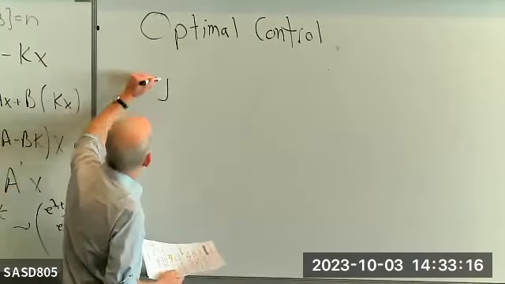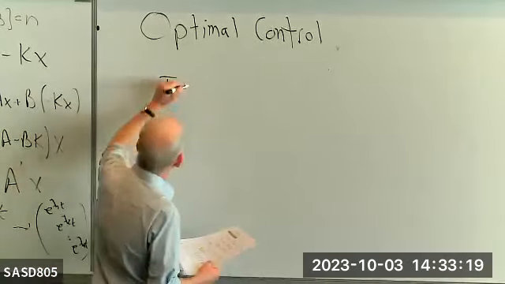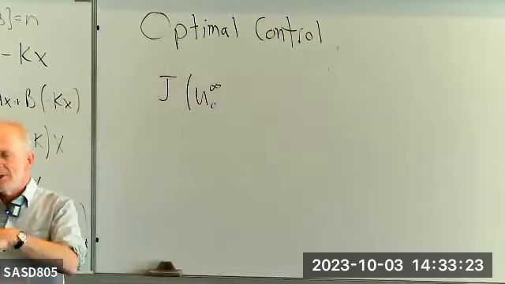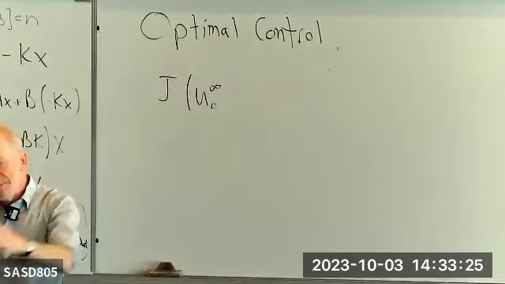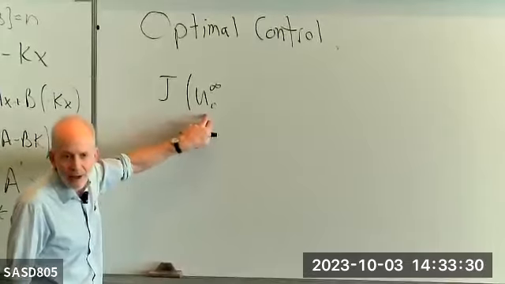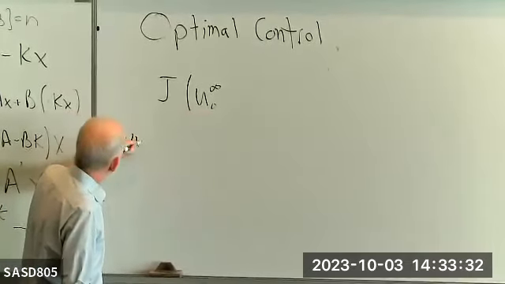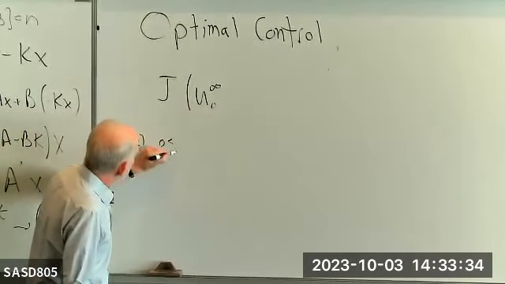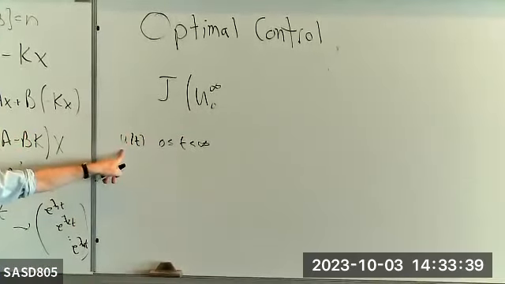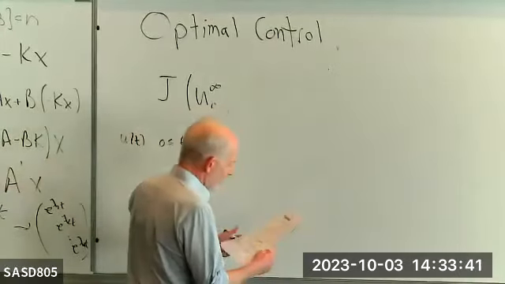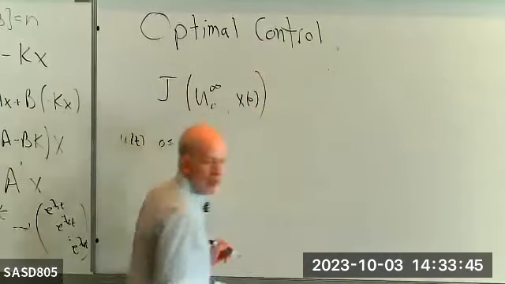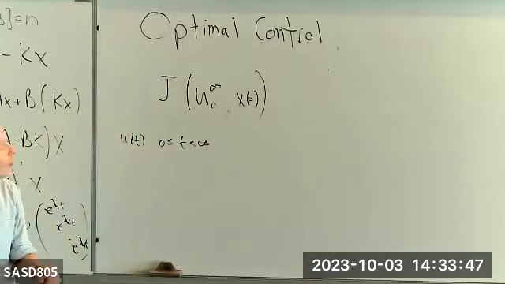I'll call this function J, and it will depend on the control that I exert from now, let's say indefinitely to the future. It might just be a finite time, but let's do it indefinitely. This will be my notation for u of t with 0 < t < infinity, just the trajectory of u. It also depends on the initial value of the state, which is just a vector.